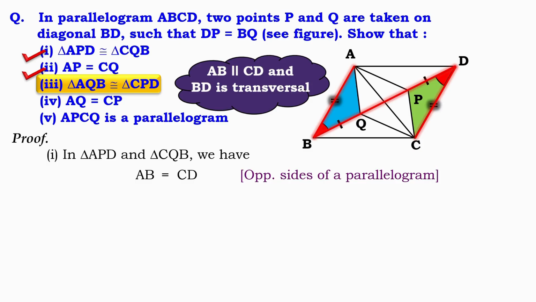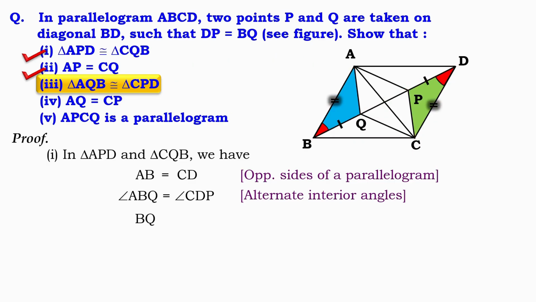Since AB is parallel to CD and BD is transversal, so the alternate interior angles will be equal. So angle ABD, or we can say angle ABQ, is equal to angle CDP, because alternate interior angles. And another thing is given, that is BQ equal to DP, that is given.